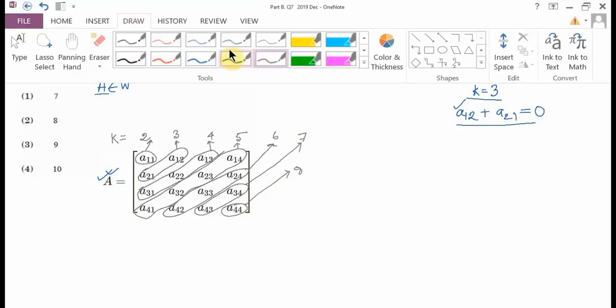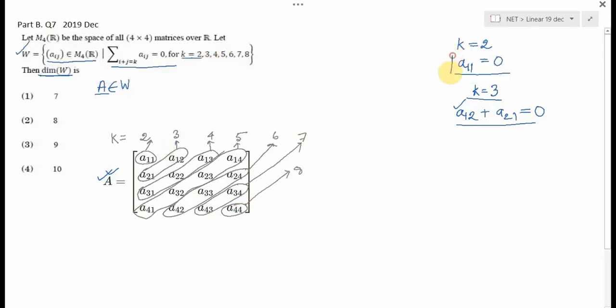Now observe closely that from the condition given, A11 is 0. That means for knowing exactly what A is, we do not need the arbitrary scalar A11, because the entry at the 1,1 position will always be 0. Then from the relation for k equals 3 we have A12 plus A21 equals 0.